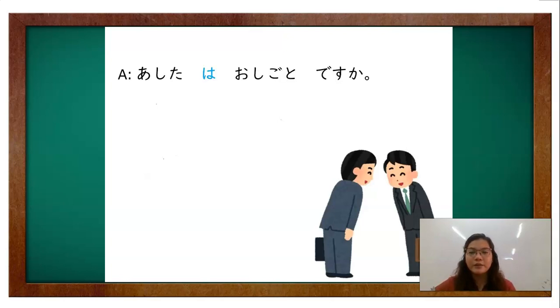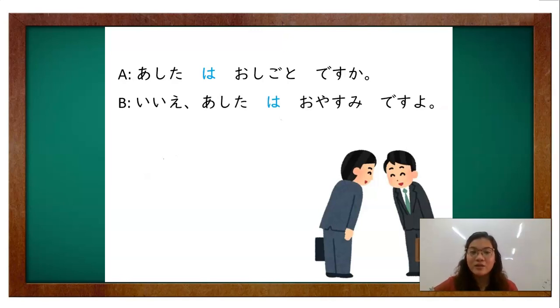Okay. Another example here is that you want to emphasize the information to your listener. Okay? For example, 明日はお仕事ですか? Magtatrabaho ka ba bukas? Iie, 明日はお休みですよ。Hindi. Di ba, rest day naman bukas? Okay, so, Tagalog is di ba.